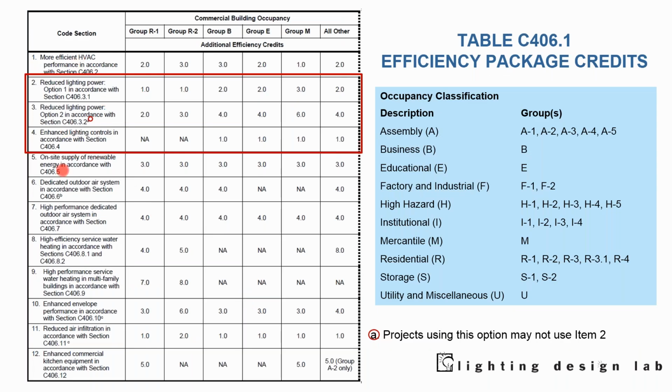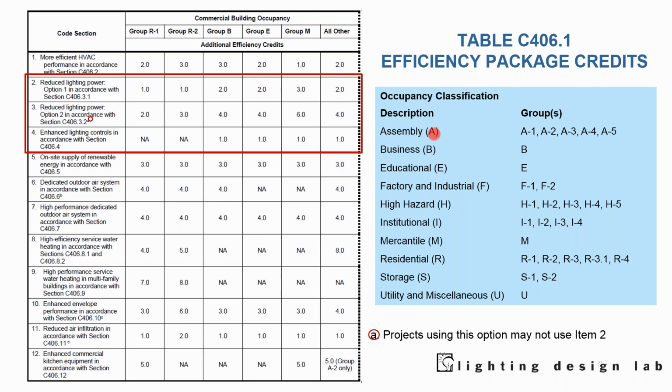So here's all these things, and most of them have to do with mechanical systems or building envelope. But there's a few that relate to lighting, and so we'll touch on those. These refer to groups R, Group B, Group E, M, etc. and I've listed what these are.